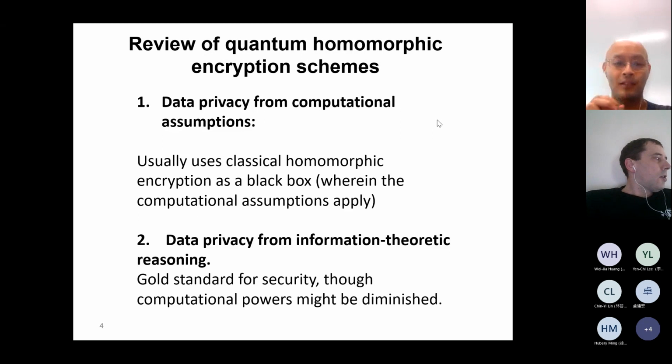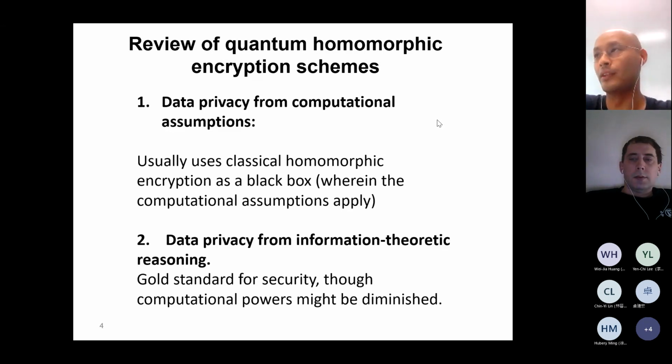When we're discussing data privacy, there are two types of notions where this security can arise. The first is from computational assumptions, which is the most mainstream method. For quantum homomorphic encryption schemes, usually they would use classical homomorphic encryption as a black box, to which computational hardness assumptions apply.